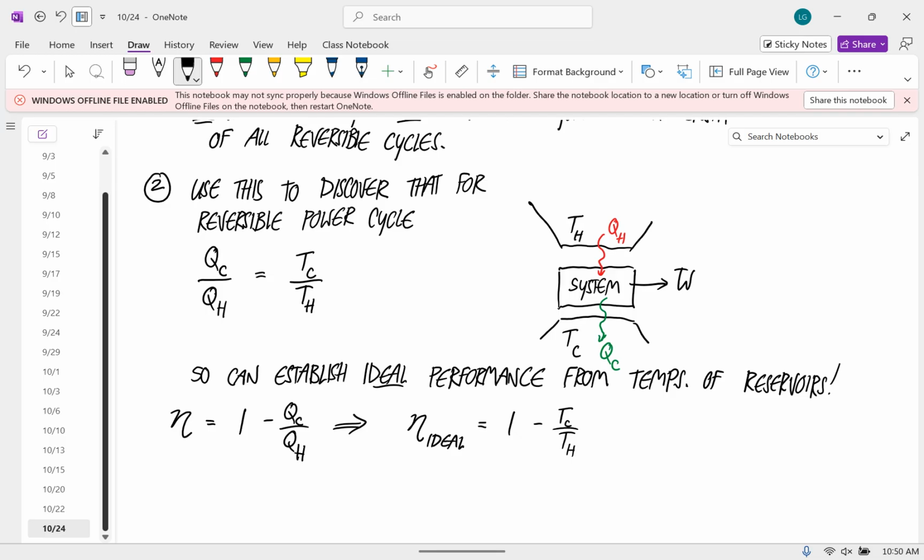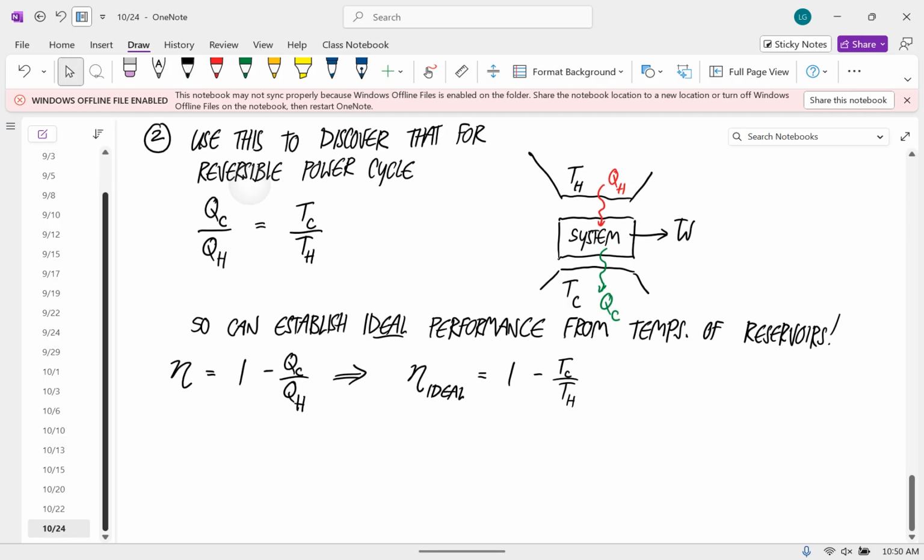Okay, so that puts a very clear limit once you know the temperatures of your two reservoirs on what the efficiency can be. You can't exceed that. This is like a perfect power cycle. It's still pretty strictly limited. And we'll do the same things with the other ones.